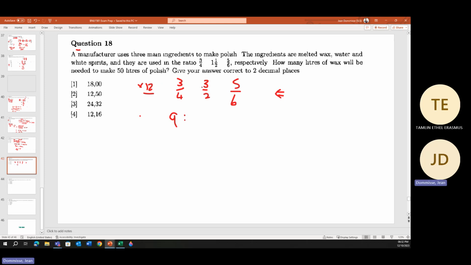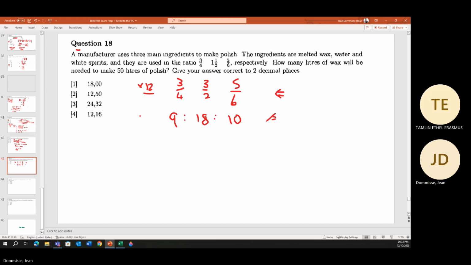Then 12 times 3 over 2, which is 36 divided by 2, gives us 18. And again 12 times 5 is 60, 60 divided by 6 is 10. Okay, so that will be our new ratio. And if we add all of those together, I get 9 plus 18 plus 10, which is 37.